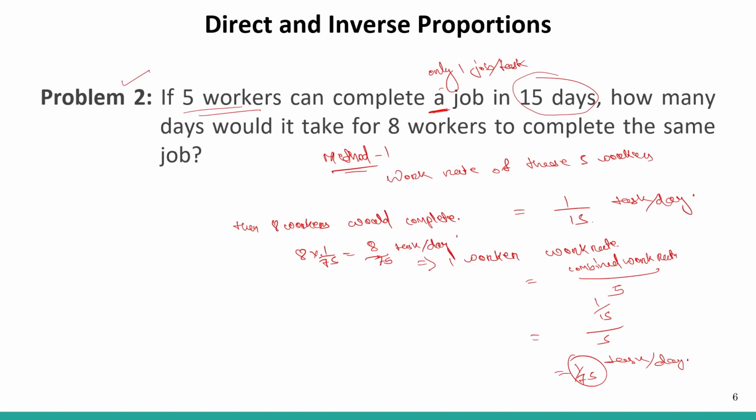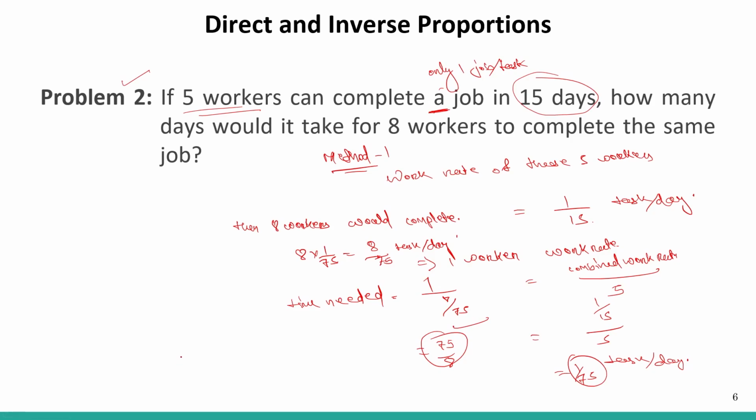This much amount of task they will complete per day. So how much time will they take? They will take the reciprocal of this work rate. So time needed is equal to 1 by 8 by 75, that is equal to 75 by 8. This much amount of time they will take.